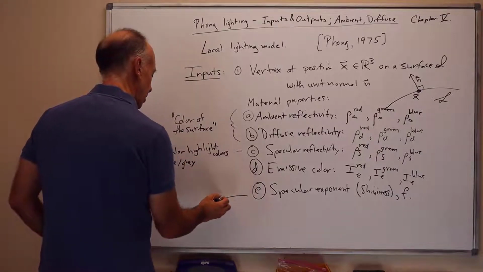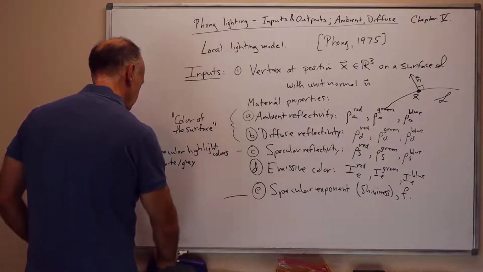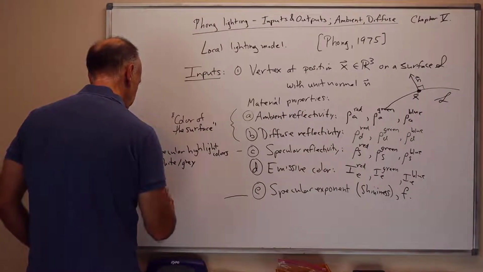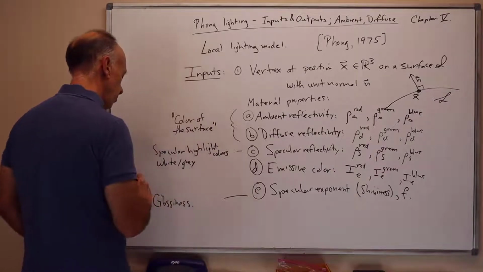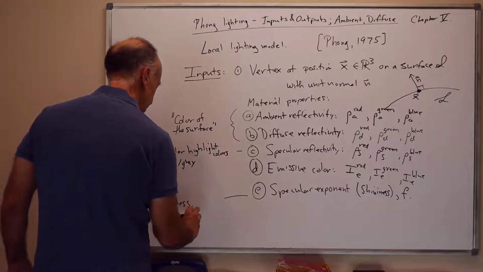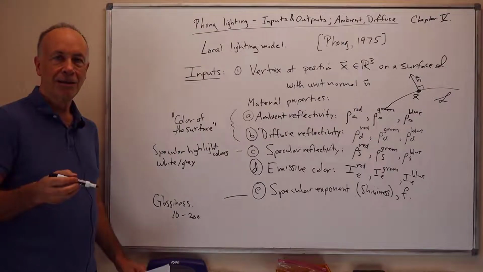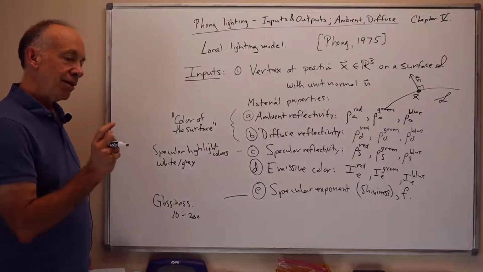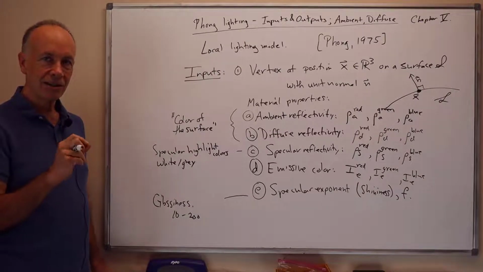And the specular exponent controls how shiny or glossy a surface looks, so I'll say glossiness. So this would be typically a number between, say, 10 to 200 range, sometimes smaller, sometimes larger, with a typical number might be like 80 or 100. It controls the size of those specular highlights, the little white shiny spots that we saw on surfaces in the previous lecture.